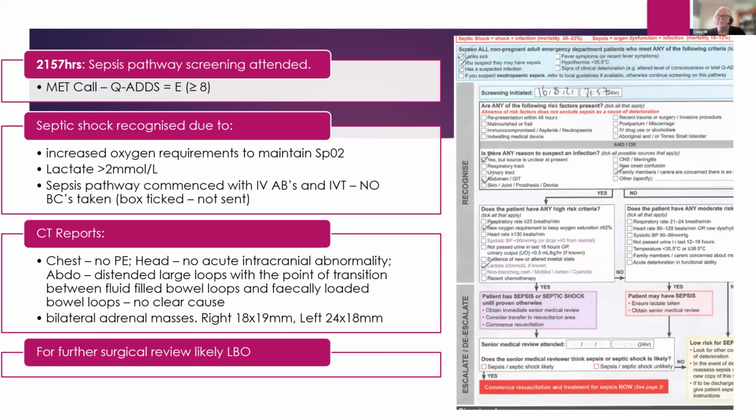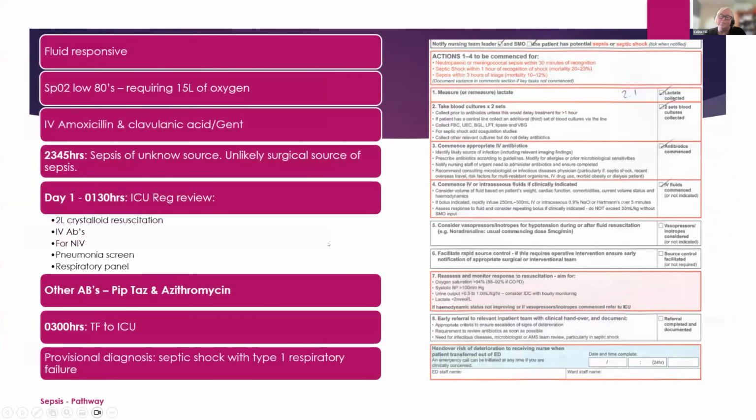The CT showed the following: her abdomen with distended large loops with a point of transition, no clear cause, fecally loaded, bilateral adrenal mass. For further surgical review, likely large bowel obstruction. When they did resuscitate her, this is our pathway on the side, which shows our actions.